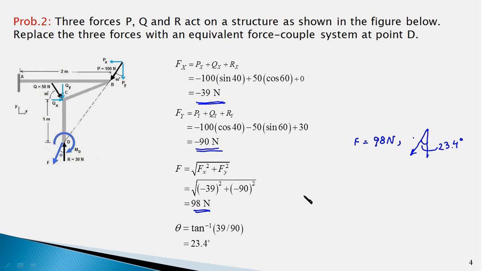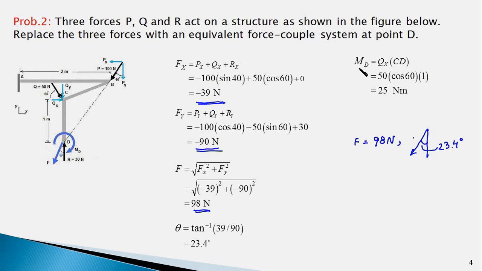Now we are supposed to find the moment of the couple MD. Note that the force P passes through point D and therefore would not cause any moment about point D. The force R is acting at D itself, therefore does not have any moment about point D. The Qy component of Q passes through D and therefore has no moment about point D. The x component Qx will have a clockwise moment about point D, and the moment arm for Qx would be the length CD.